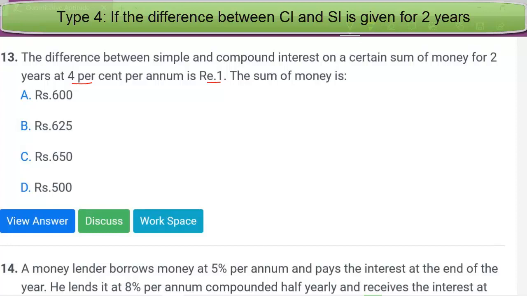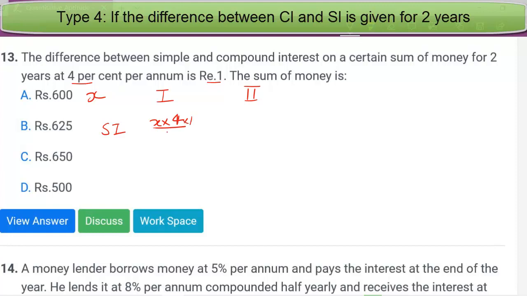In the first year and second year, we know that the difference is created on the simple interest which has been accumulated in the first year, right? Suppose the sum of money is X. This is the principal. So in the first year with simple interest, how much interest is accumulated? X multiplied by 4, the rate of interest, into 1 year divided by 100.